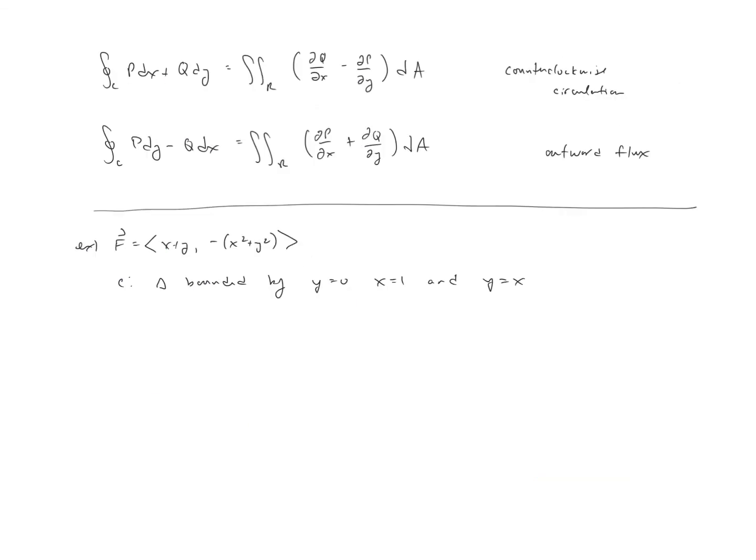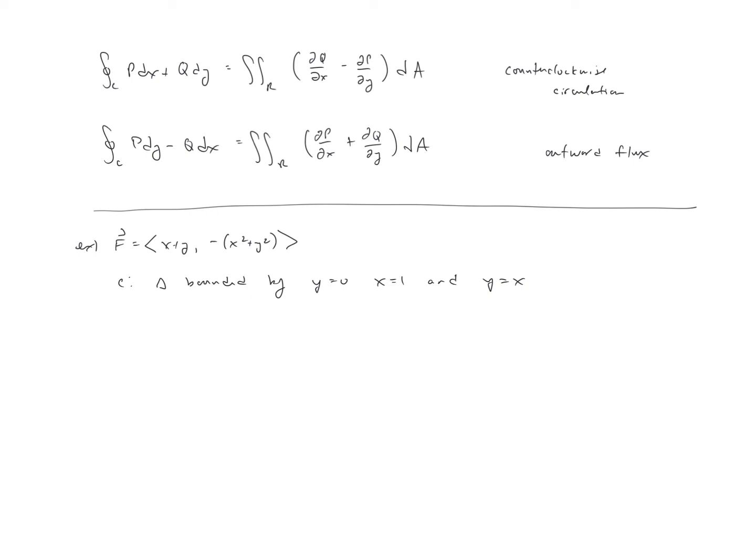All right, so now we're going to take a look at a couple different equations here. You'll notice the first one that you see is the exact one that I gave you in the previous screen, and it's also said to be able for us to find counterclockwise circulation. The second one is slightly different. It's the p dy minus the q dx, and it's going to have a different form as well in the double integral setup, and it's going to give us outward flux.